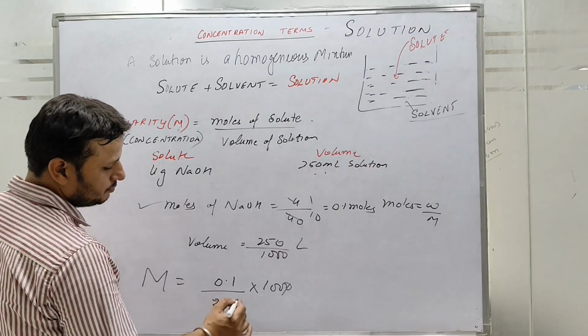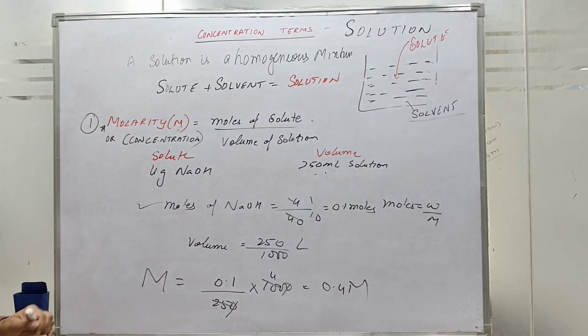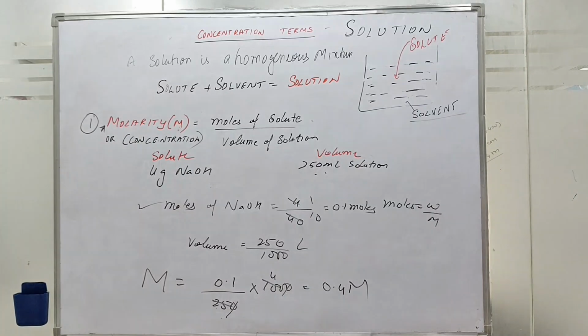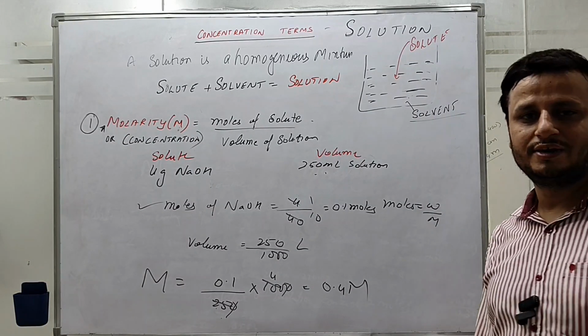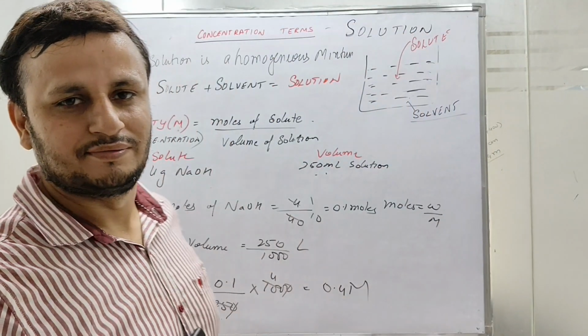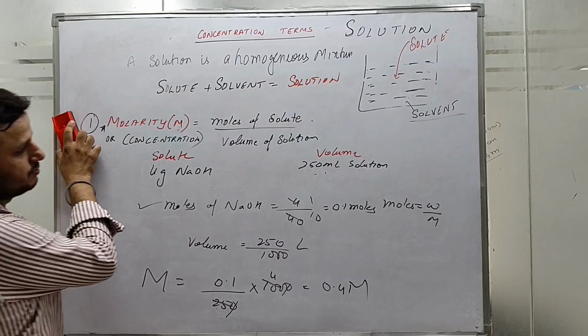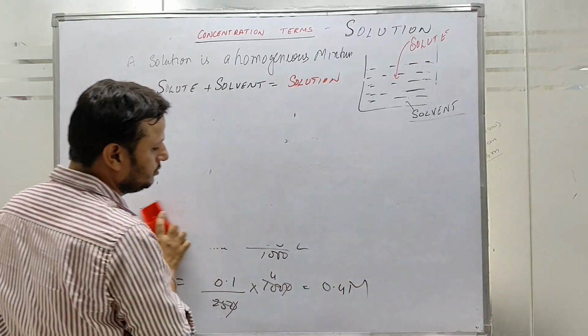That becomes 0.4 molar. The molarity is 0.4 molar. The 0.4 moles are present in 1 liter of solution. This is molarity.